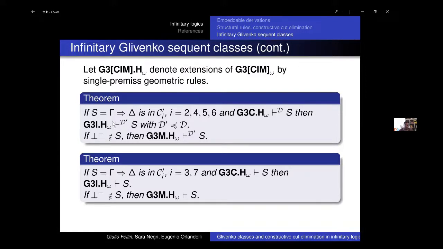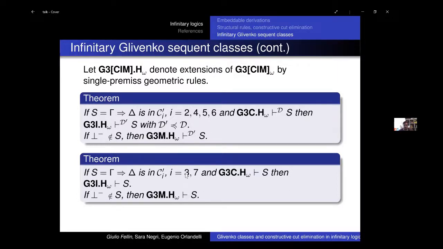So if we have a sequent in Ci prime where i is either 2, 4, 5, or 6, so in one of these 4 classes, and we have a derivation D of that sequent in classical calculus, then we have a derivation D prime of that sequent in intuitionistic calculus, which is embeddable in D. And moreover, as before, if there is no negative occurrence of bottom, then that derivation is in minimal logic.